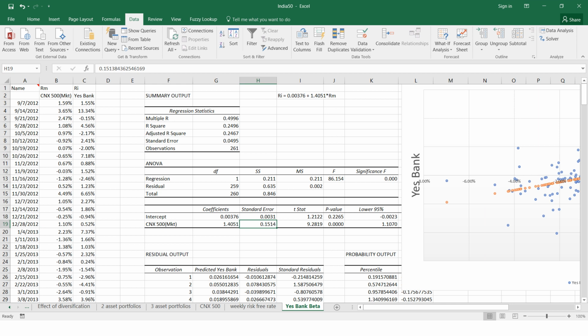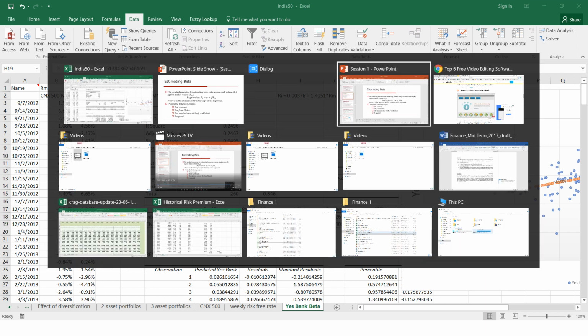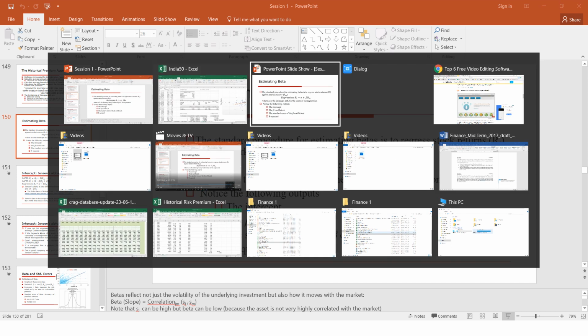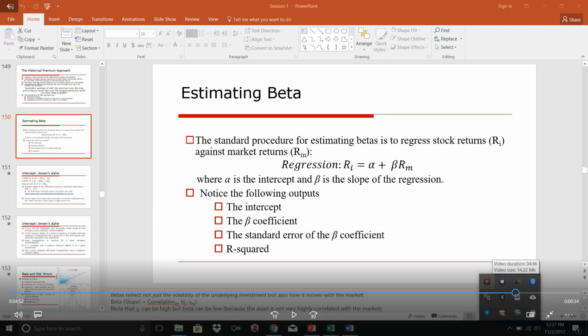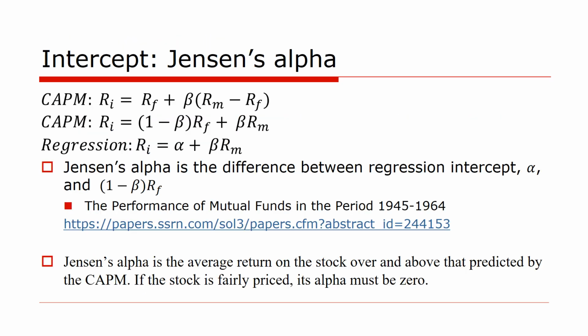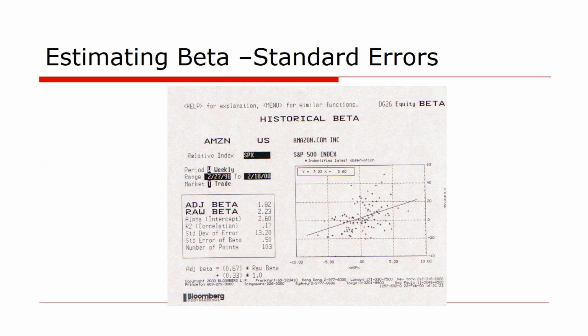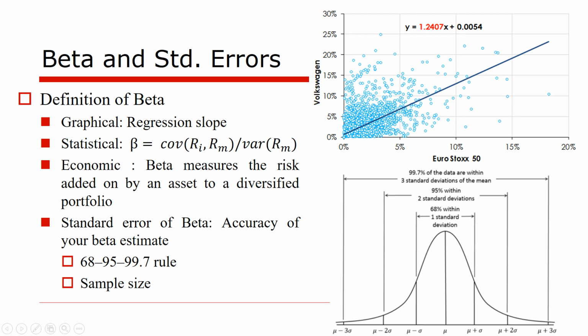Now, if this beta is 1.40 and it has a standard error of 0.15, if you remember this rule of 68%, 95% that we discussed, this is what your standard error means.